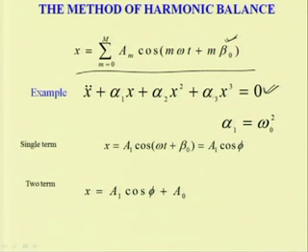Last time we showed that depending on the number of terms, the accuracy of the solution can be achieved. So, by taking a single term, that is x equal to a 1 cos phi, or two terms, a 1 cos phi plus a 0, or three terms, that is a 0 plus a 1 cos phi plus a 2 cos 2 phi, one can find the solution of this equation.